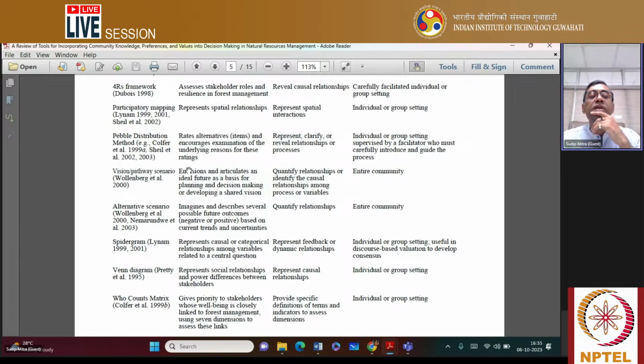Pebble distribution method. Here what it does is it encourages the examination of the different underlying reasons of the various variables that you choose and their different rankings or ratings. Because you know that in the decision making process, we generally go for ranking.